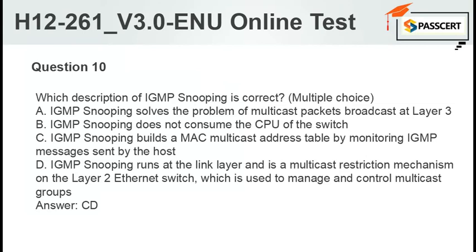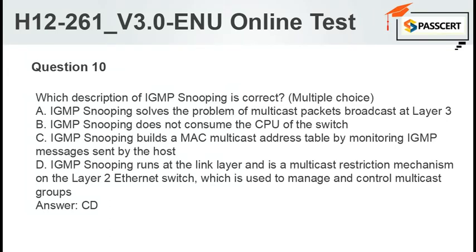Question 10. Which description of IGMP snooping is correct? Multiple choice. A. IGMP snooping solves the problem of multicast packets broadcast at layer 3. B. IGMP snooping does not consume the CPU of the switch.